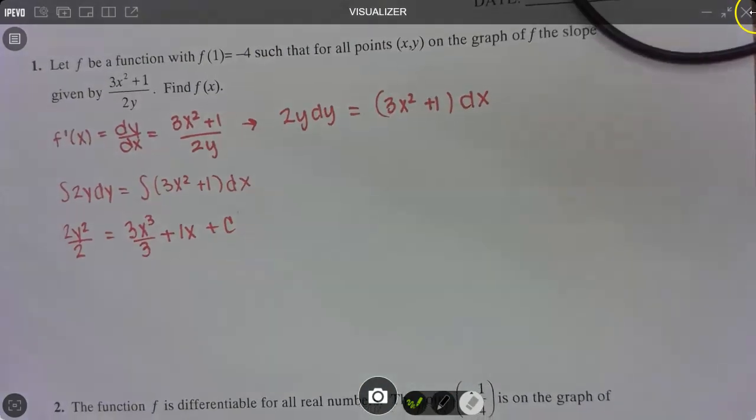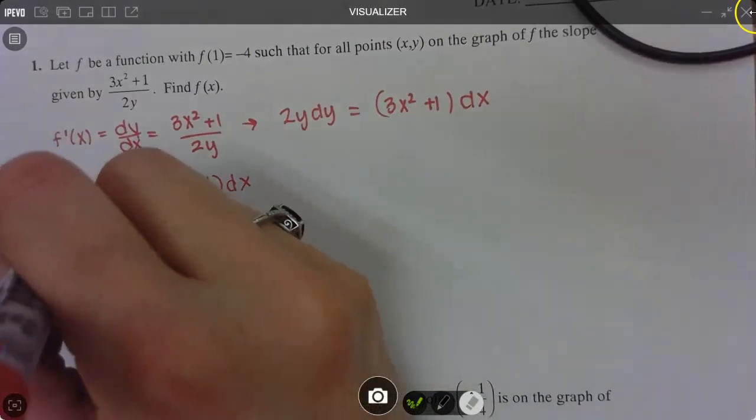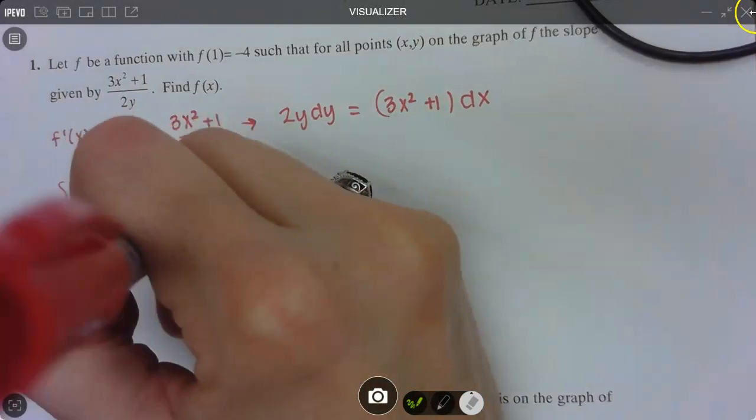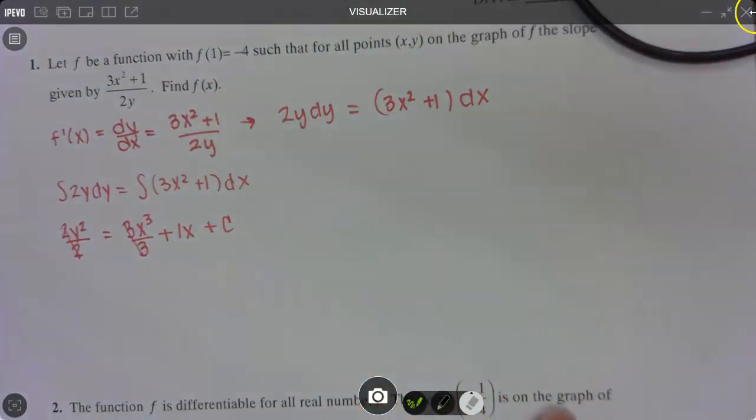So integrating both sides, I get 2y squared over 2 equal to 3x cubed plus 1x plus c.